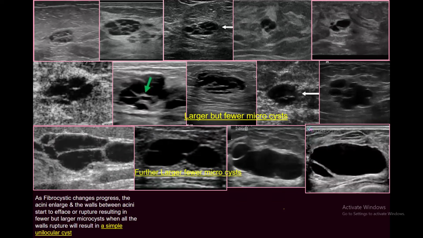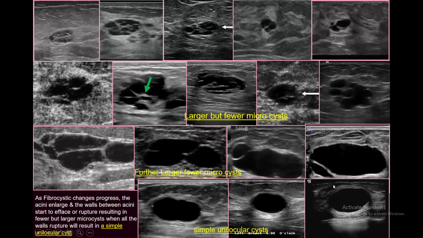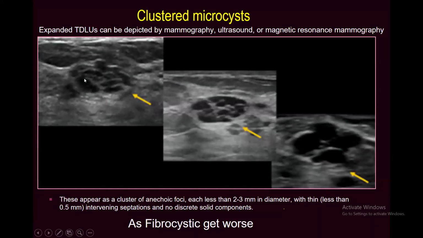Further enlargement, effacement, and rupture result in clustered macrocyst. From microcyst to macrocyst, they become larger until completely effaced and result in a simple cyst. Okay? Here you can see this example. This is one cyst.